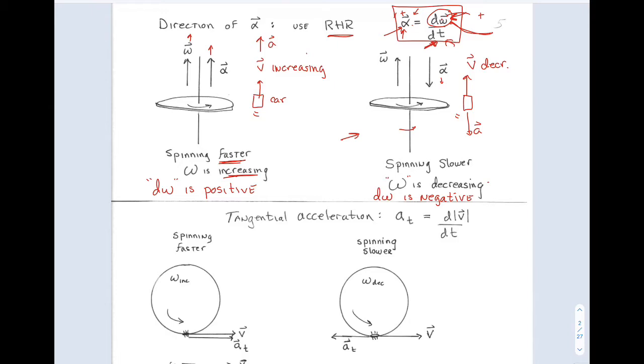So this whole treatment reminds you of what we did in chapter 2. In chapter 2, we had a car, maybe going south to north. Here's the car, you're looking at it from the top. We said if the car was headed upward, velocity points in that direction. That's velocity.